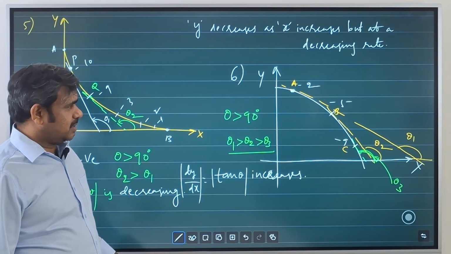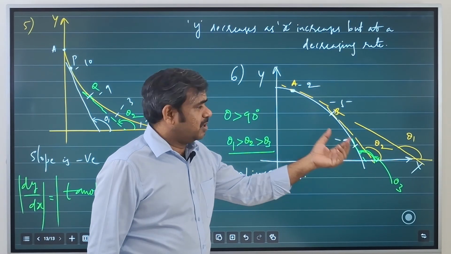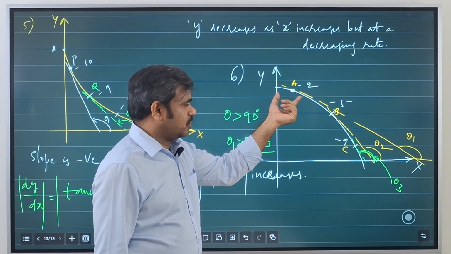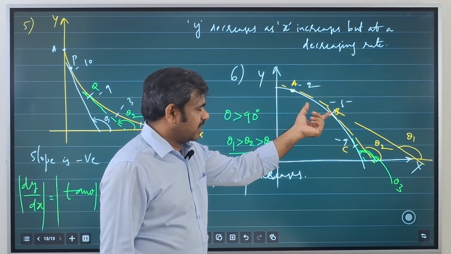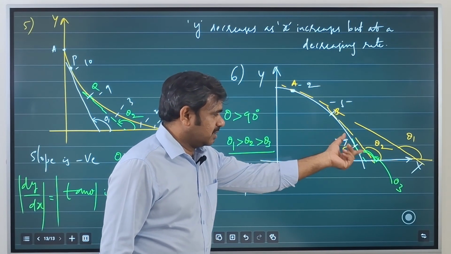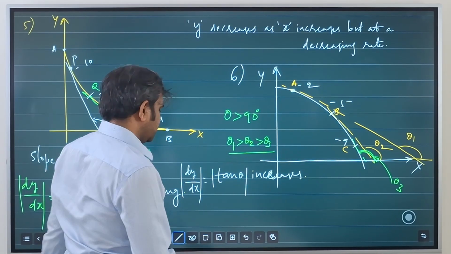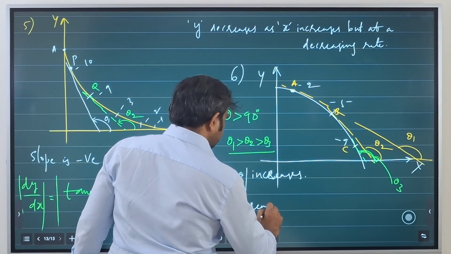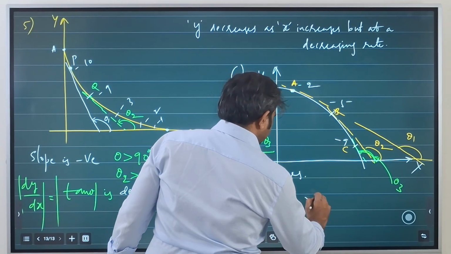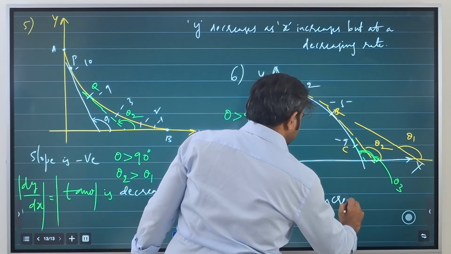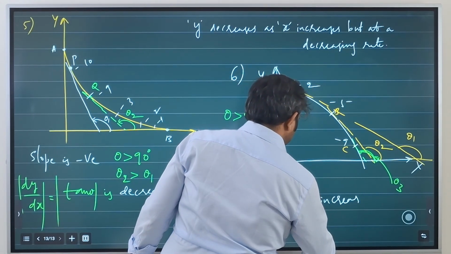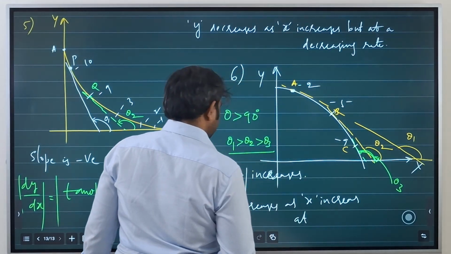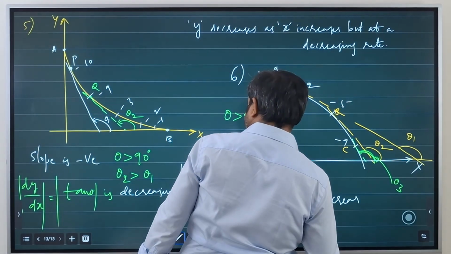As x increases, everywhere y is decreasing. But initially y decreases at a slower rate, then at a greater rate, and the rate further increases. So the conclusion is y decreases as x increases at an increasing rate.